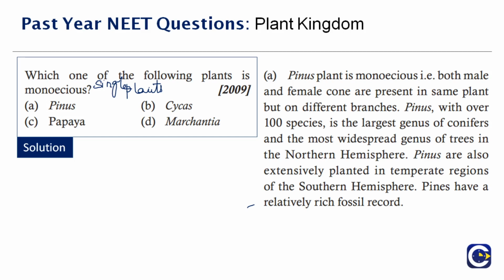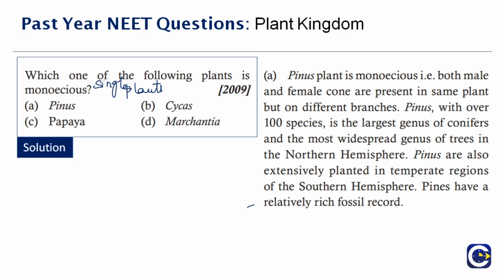Branches can be elsewhere, but they belong to the single plant. You have to identify that, so don't get confused when they say different branches. Though they are different branches, they are present on the same plant. A plant can have any number of branches, but all of them constitute one single plant.